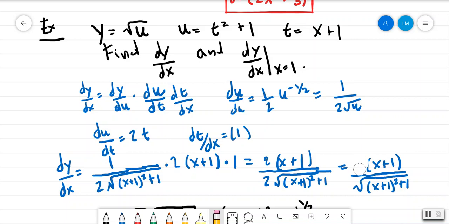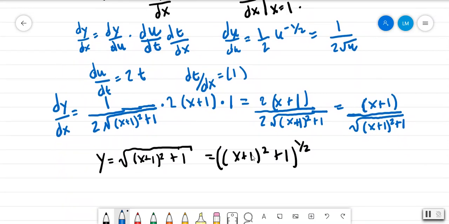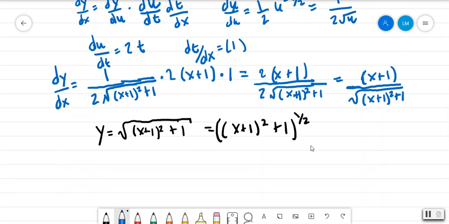The whole point that I'm trying to make here is that once we get a view of what the composite function looks like, that allows me to figure out what the derivative is.